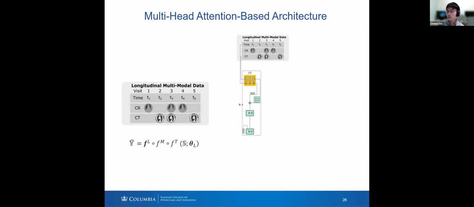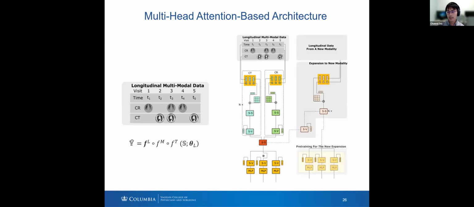First, longitudinal CT is integrated across time points, and longitudinal chest X-ray features are also integrated across time points. Then integration across different modalities is performed. The final embeddings are fed into the multitask learning. The model can also integrate more modalities.